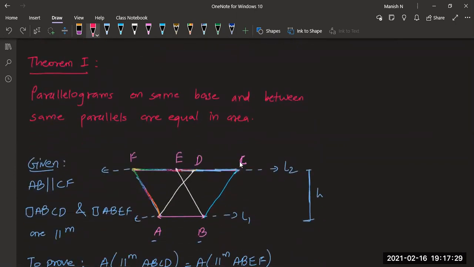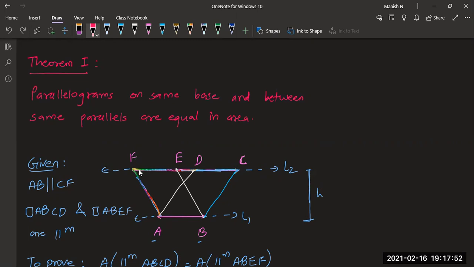Given AB is parallel to CF. Line L1 is parallel to line L2, and we say AB is parallel to CF. We are given that quadrilateral ABCD and quadrilateral ABEF are parallelograms.